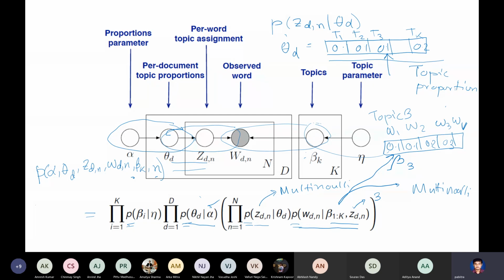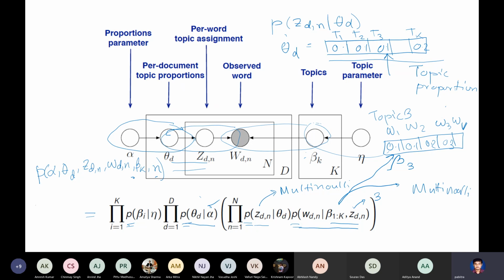I have a distribution over vectors theta d, where the elements of the vector are 0.1, 0.1 like this, such that they add up to 1. From this distribution whose parameter is alpha, I pick one particular vector theta d and use that as my multinomial probabilities.